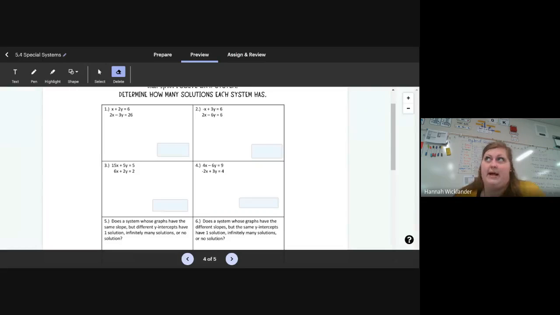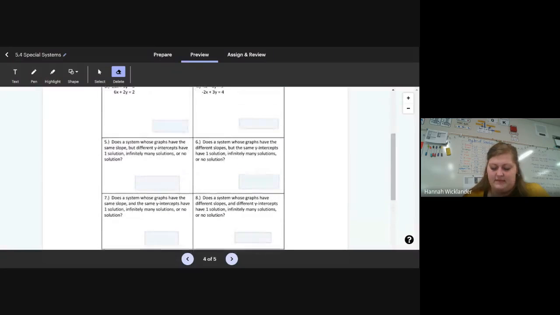Because if they're the same line, it's going to be infinitely many. And it's kind of hard to tell that from looking at them in standard form. So I convert them to slope-intercept, so y = mx + b. And then after that, you can come back to this and use substitution or elimination, or you can choose to graph them to figure out if there's one solution, no solution, or infinitely many.